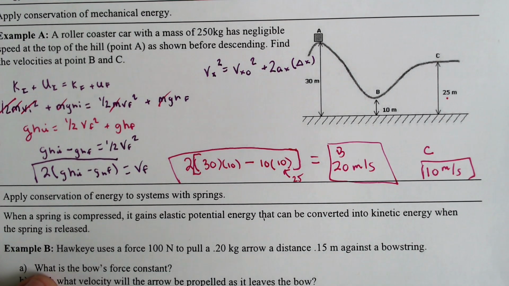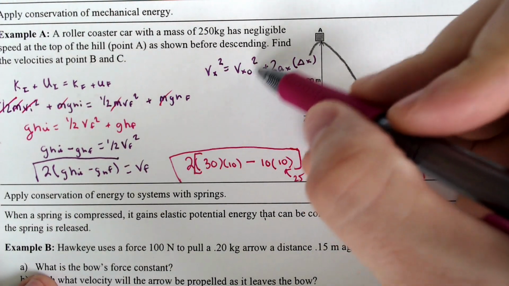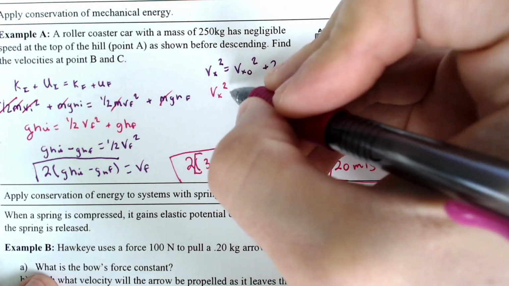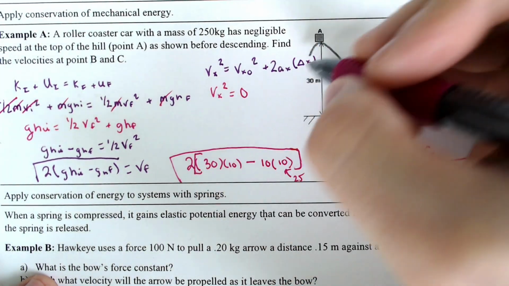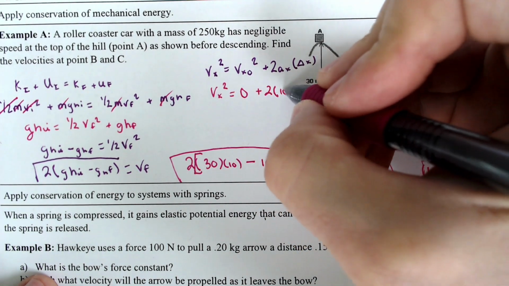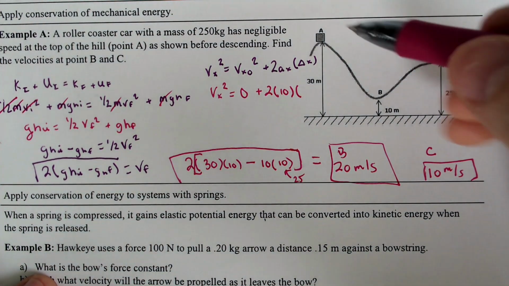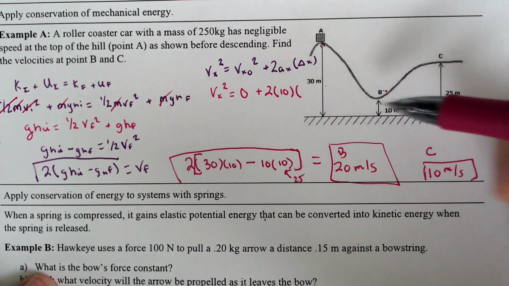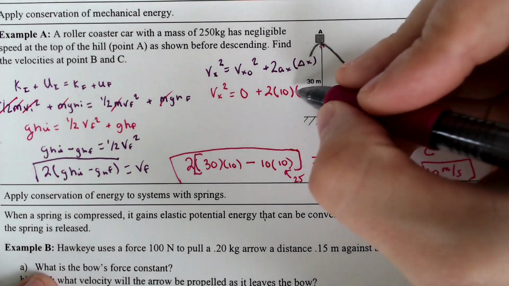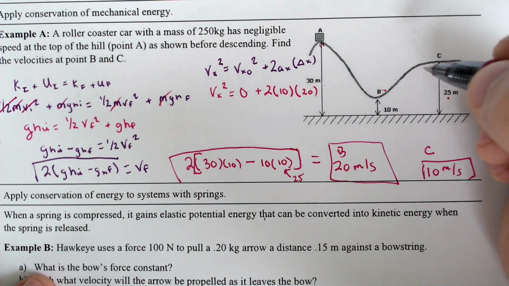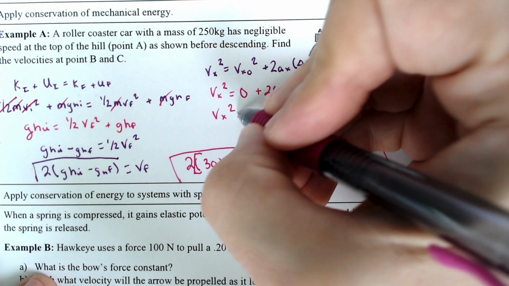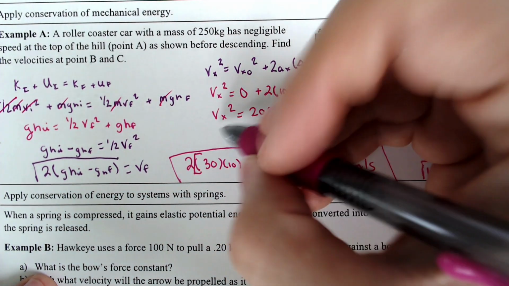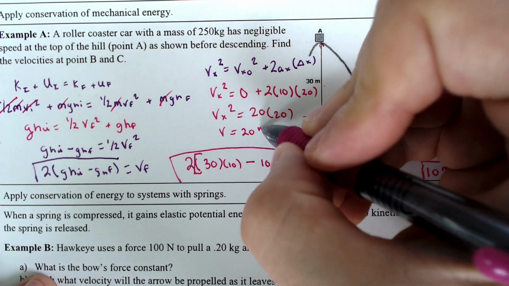Now, if you recognize that the initial velocity was 0 at the starting point, then your final velocity squared would equal 0 plus 2 times gravity times the change in height. If we went from 30 to 10, we went down by 20, so that would be a change in height of 20. And lo and behold, if you solve this equation, you get v_x squared is equal to 20 times 20, which is 400, and when you square root 400, you get 20 meters per second.